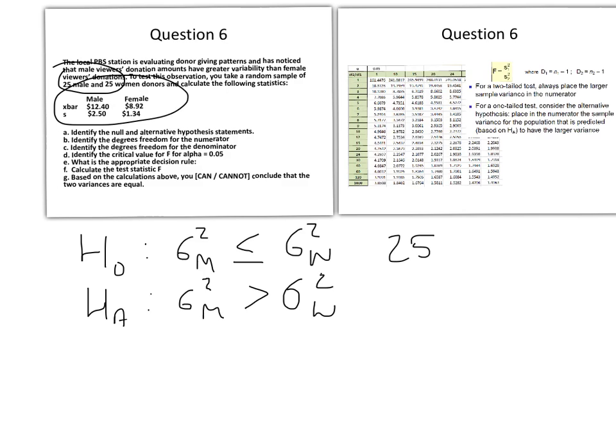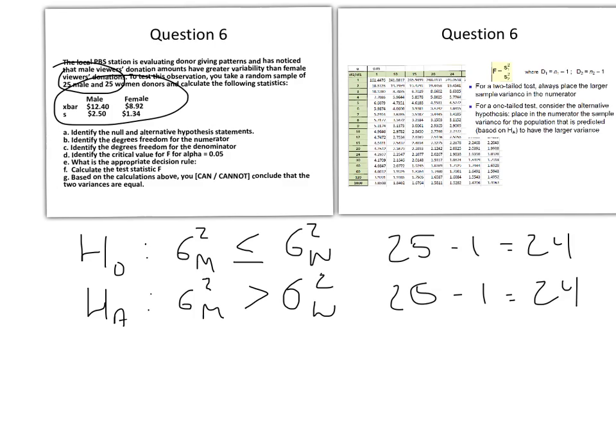So our degrees of freedom for both is going to be 25 minus 1 equals 24. So numerator and denominator alike have the same degrees of freedom. It's not always that way, but in this case it is. Okay, so now we want to identify the critical value for alpha of 0.05.